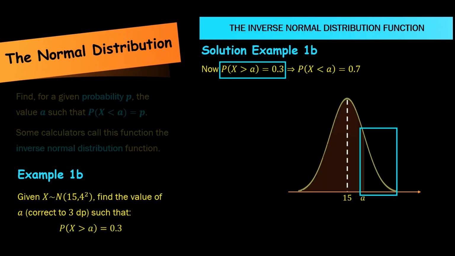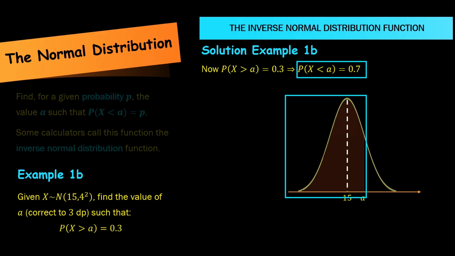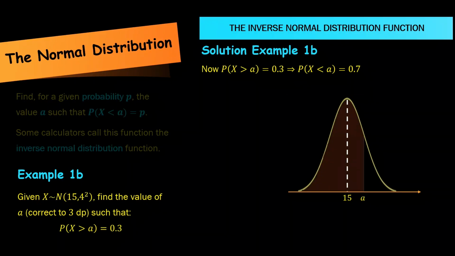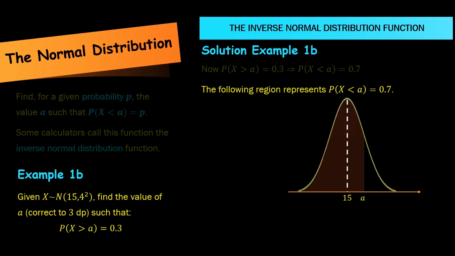Notice that the probability x greater than A equals 0.3 implies that the probability x less than A equals 0.7, because the area under the entire curve is equal to 1. And of course you can see that 0.3 plus 0.7 is equal to 1. So this region here represents the probability of x less than A equals 0.7.